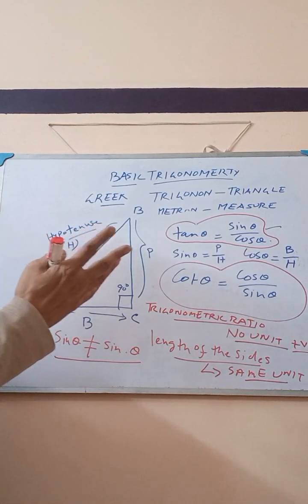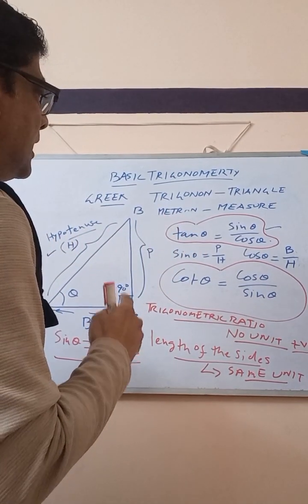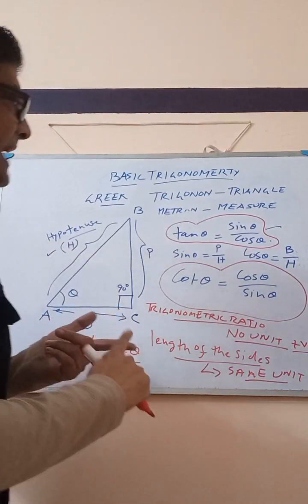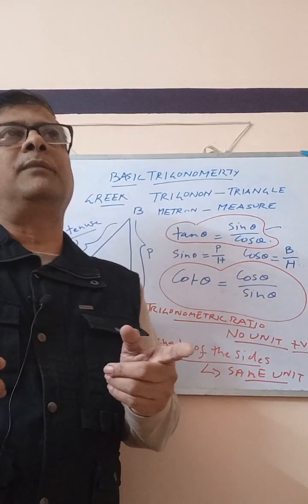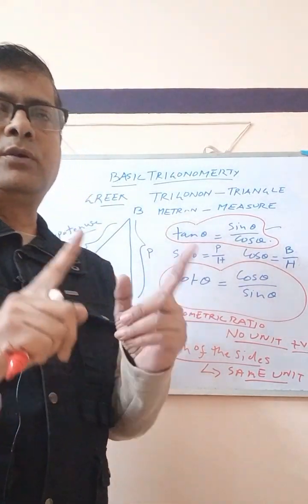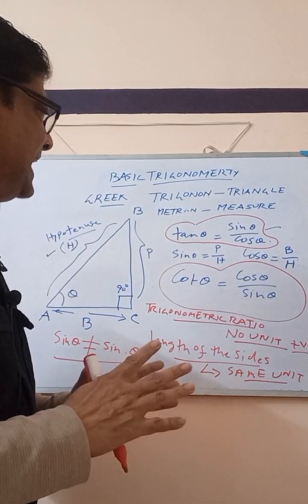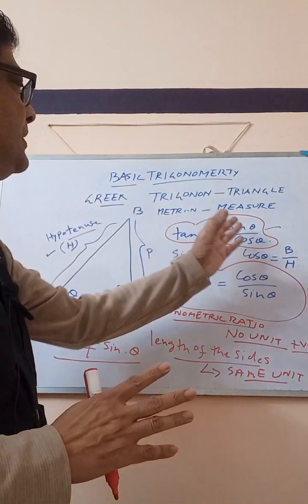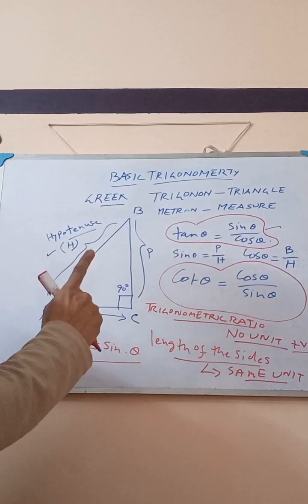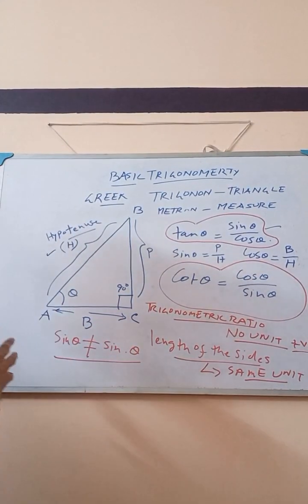And another two things that we have to remember. One is the reciprocal relations. That means sin theta is equal to 1 by cosec theta, cos theta is equal to 1 by sec theta, tan theta is equal to 1 by cot theta. And then tan theta is equal to sin theta by cos theta, and cot theta is equal to cos theta by sin theta.